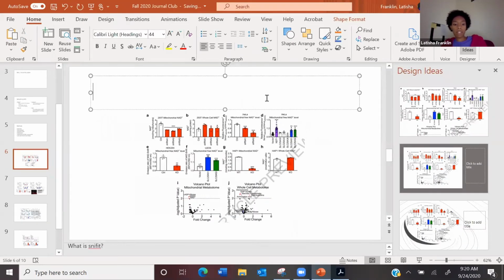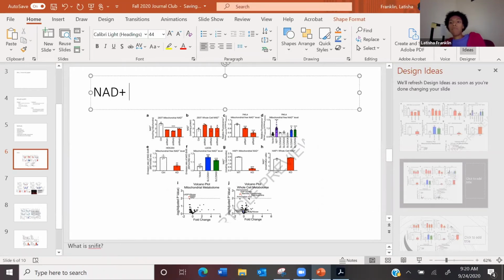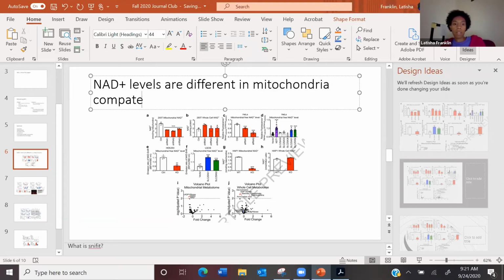So that's step one, and I'll come and title this. This is a temporary title, but what I would title this is: NAD levels are different in mitochondria compared to whole cell under specific conditions.